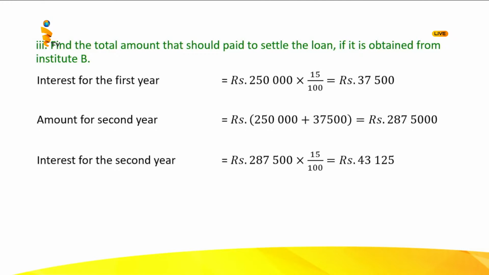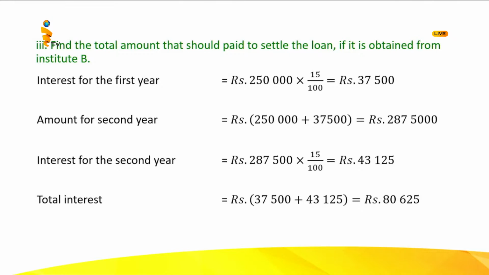Then when you calculate the interest for the second year, the total amount is 287,500 times 15 over 100. So the interest for the second year is 43,125, and then you can calculate the total interest. The interest for the first year is 37,500 and the interest for the second year is 43,125.